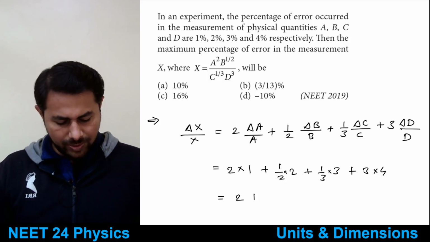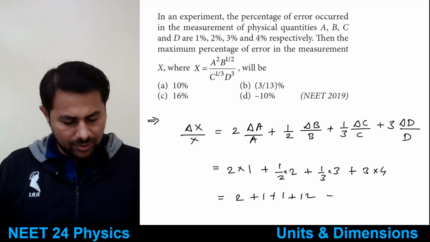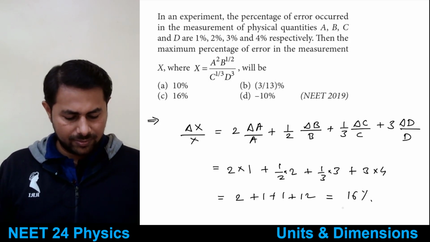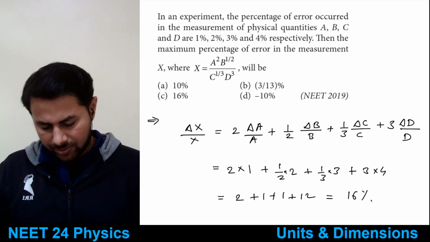So this is 2 plus 1 plus 1 plus 12. So that is 16%. Okay, so the answer is 16%. Right, that's very simple. Option C.